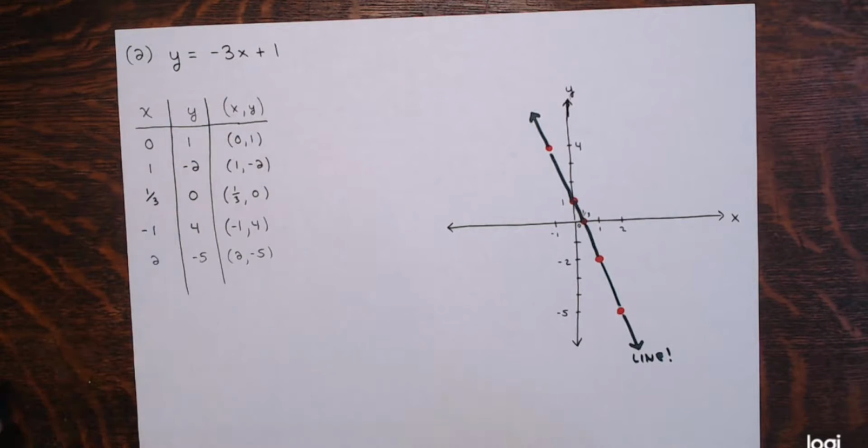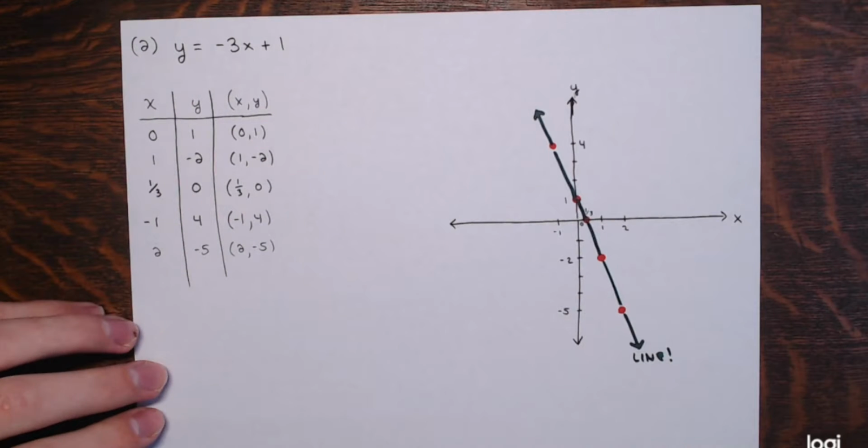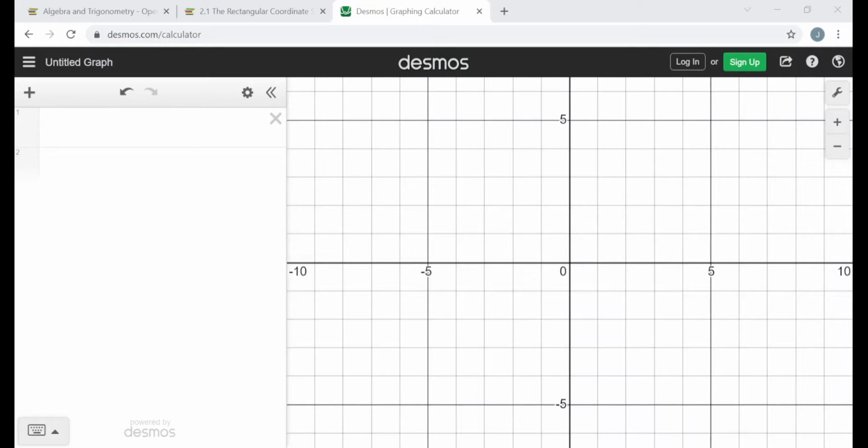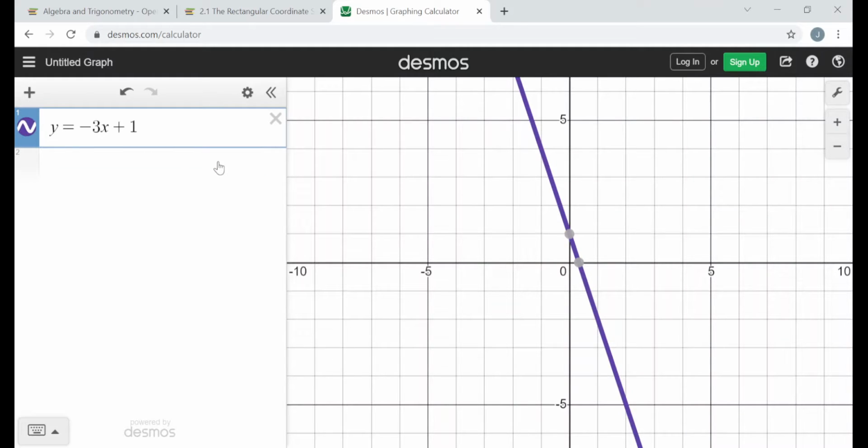All right, let's take a look at this in a better picture, right, on the Desmos site. So once again, the box here, I'll just enter the equation I was given, y equals negative 3x plus 1. All right, and you see there's 0, 1, which is a point we plotted. Here's 0.3333, that's 1/3, comma 0, right, which is another point I plotted.